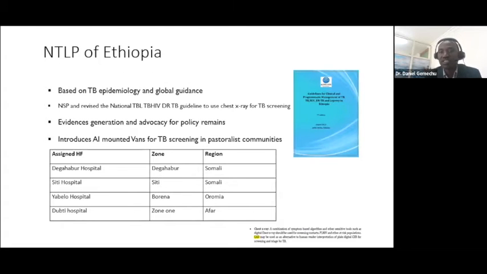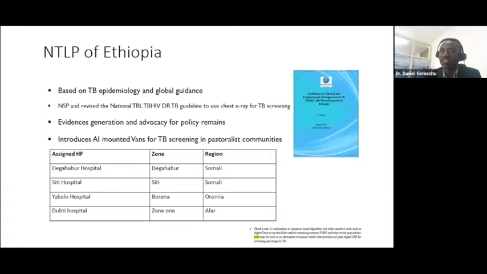Based on the epidemiology of tuberculosis in the country, and also the available global guidance on using highly sensitive diagnostic tools, we worked with the country program, and the program included the use of digital technologies in TB screening as part of the national strategic planning.